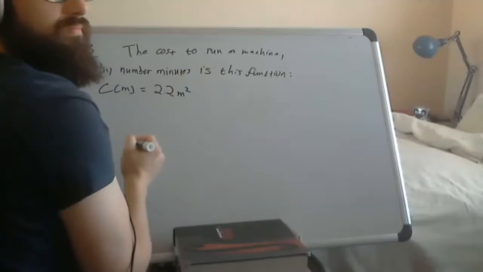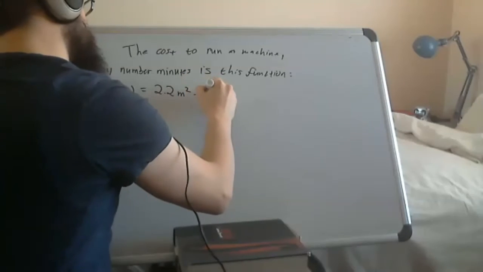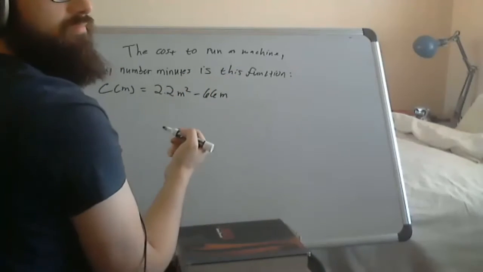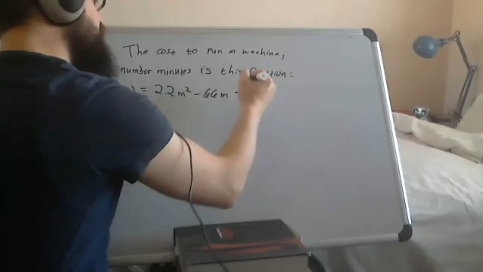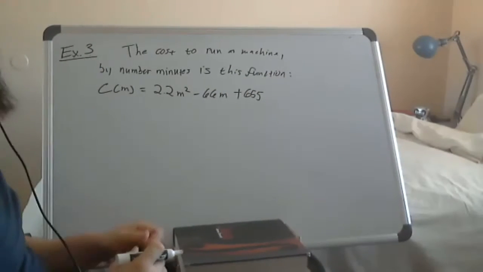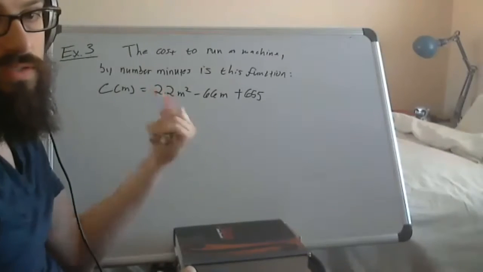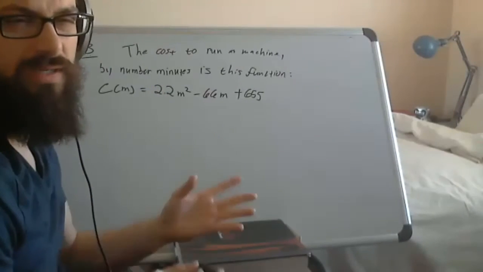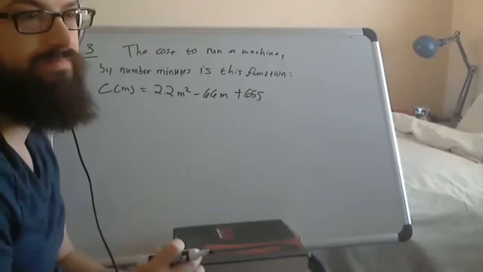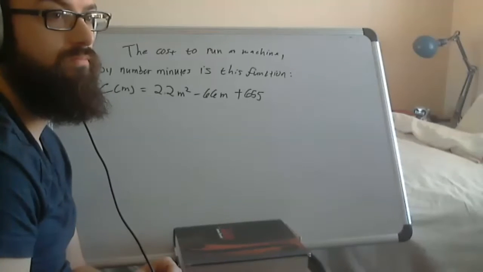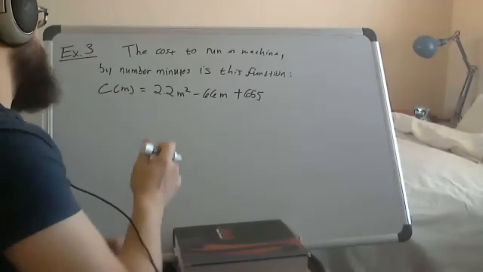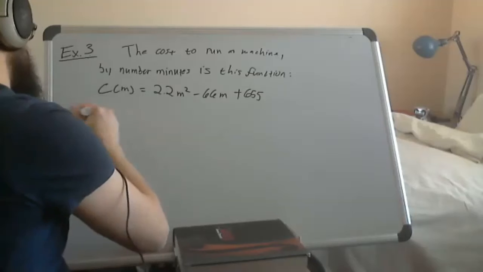C of m equals 2.2 m squared minus 66 m plus, good heavens, 655. I didn't come up with this problem, not gonna lie to you. This is a lot of crazy numbers here, and there's a decimal, anyways. So here's our cost function.